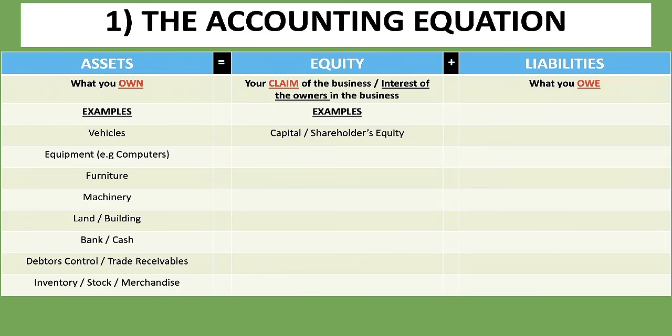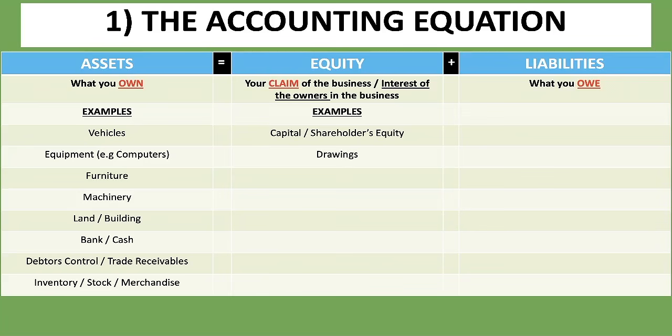Now, it's called capital when you're dealing with a sole trader or sole proprietor, an entity that is owned by one person, or a partnership or a close corporation. But when you're dealing with publicly traded companies, it's called shareholders' equity. So if you invest in the shares of the company, it will form part of shareholders' equity. So when you look at these words, capital or shareholders' equity, just know that they form part of equity and they will always be equity.